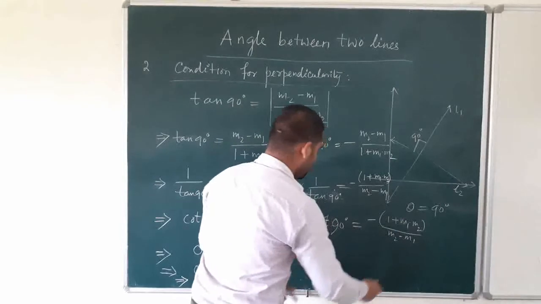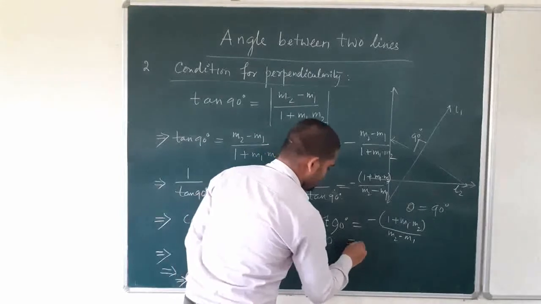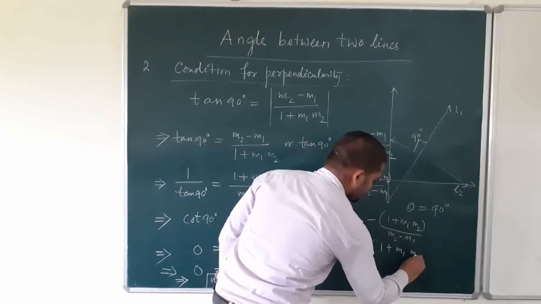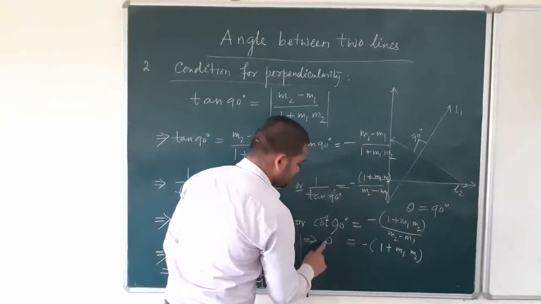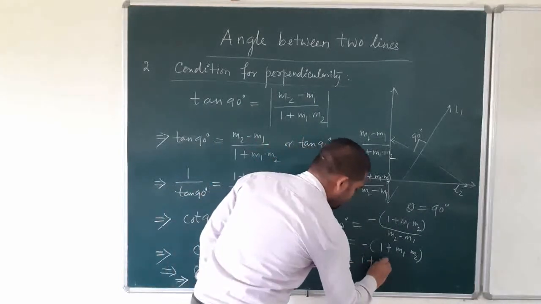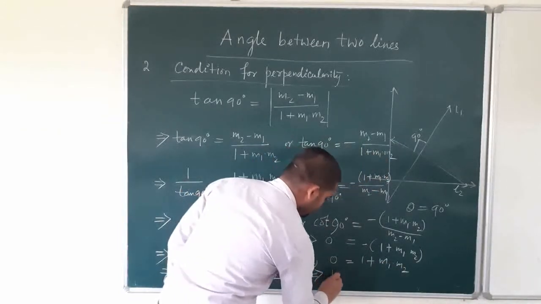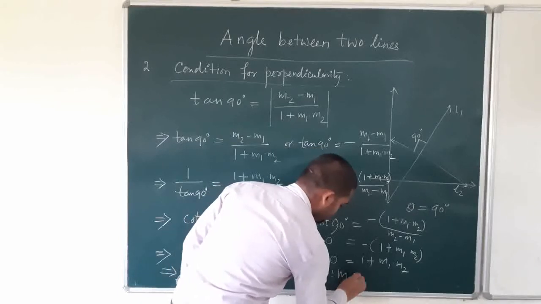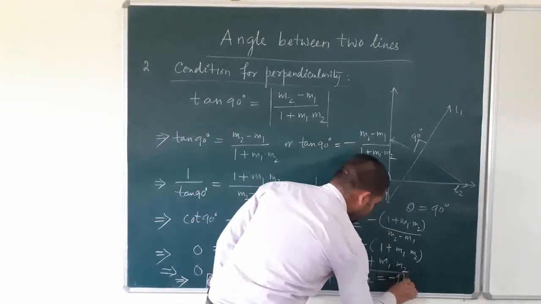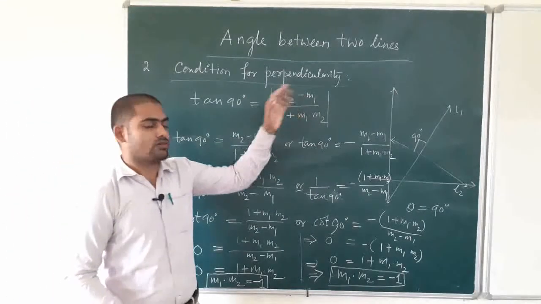The right side we also solve similarly, then you get 0 is equal to minus of 1 plus m1 into m2. You multiply minus 1 on both sides, then you get 0 is equal to 1 plus m1 into m2, and that is m1 into m2 is equal to minus 1, and this is the condition for perpendicularity.